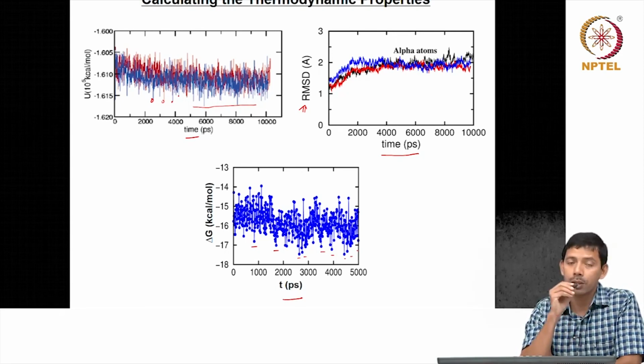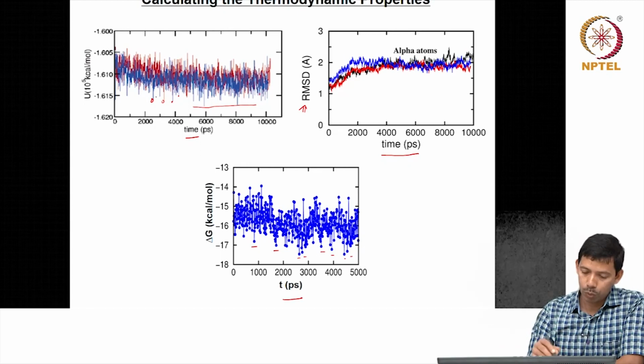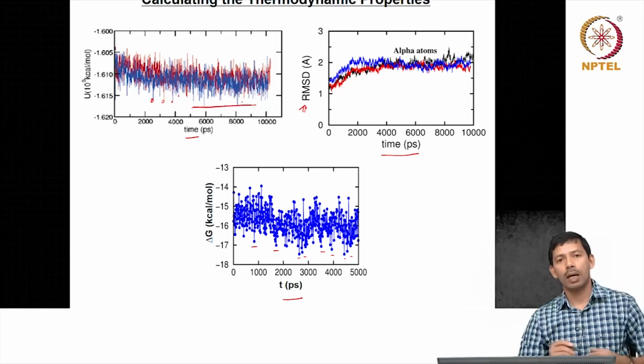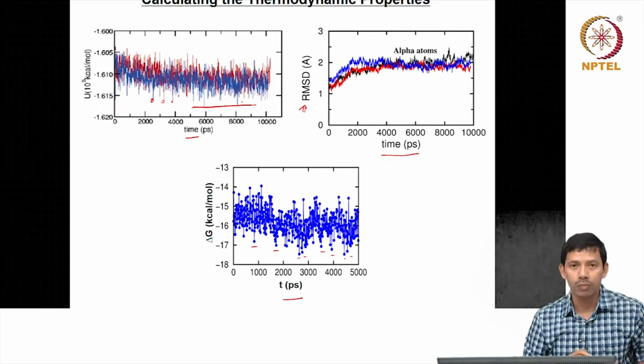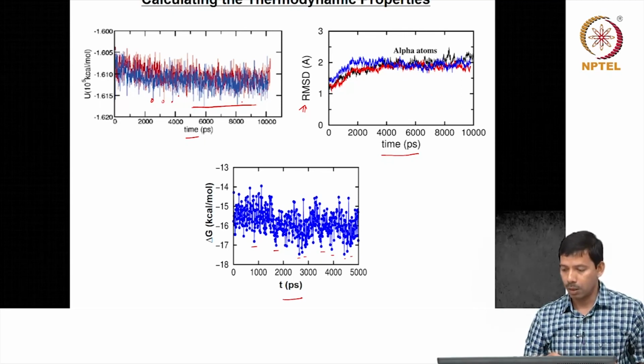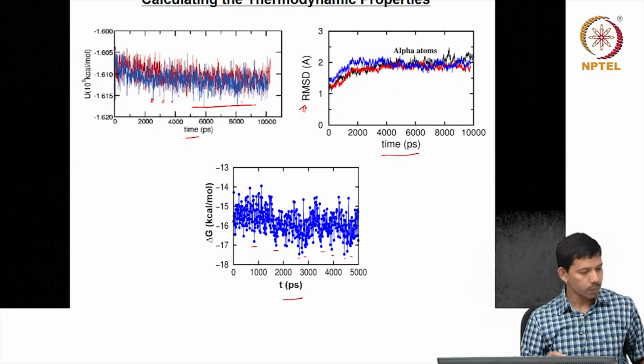Now if you want to get the average over all these energy values, or the average potential energy of the system, you can go back to your definition of ensemble average or time average, and you get those properties calculated. We will do that now.